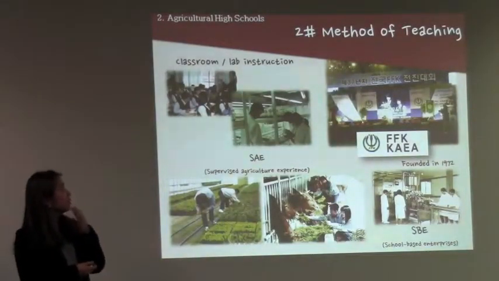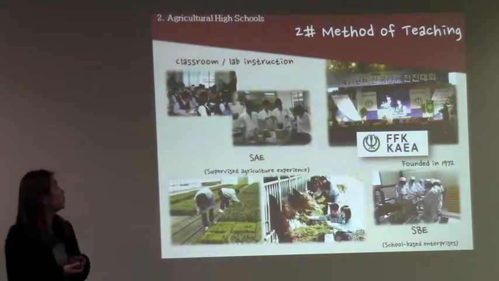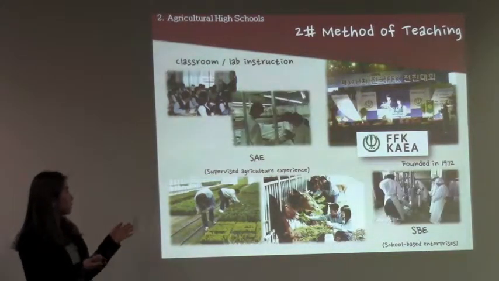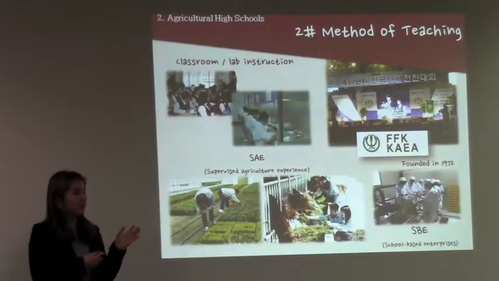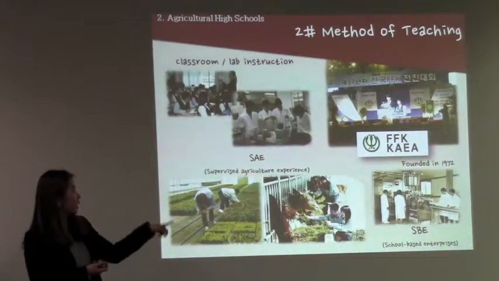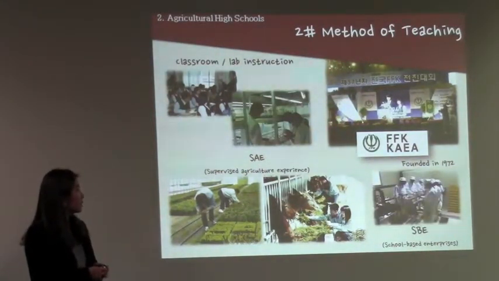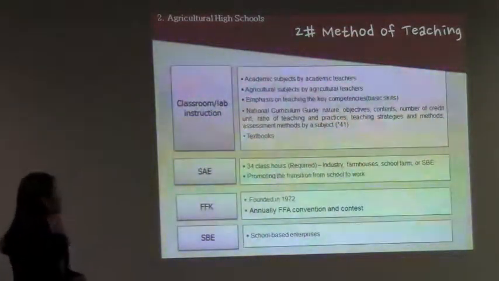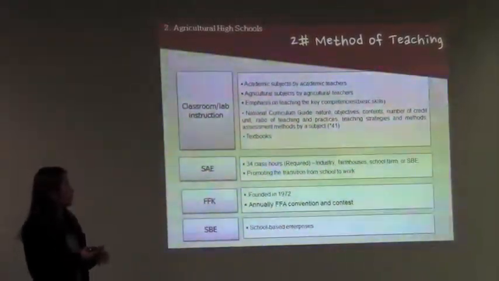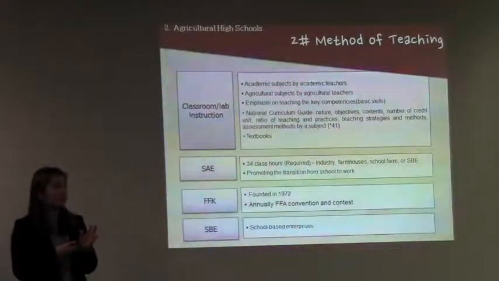And the next one is the method of teaching. In agricultural high schools, there are school classroom and lab instruction, and supervised agricultural experience. And like the FFA in the USA, there is also the FFK and school-based enterprise. So let's look at the details. In classroom and lab instruction, students study academic subjects with academic teachers and agricultural subjects with agricultural teachers.